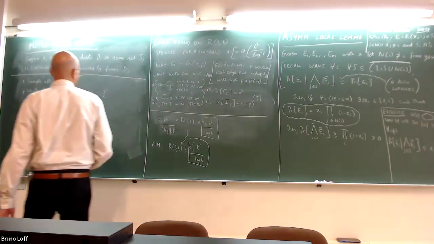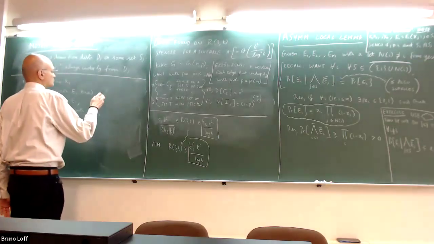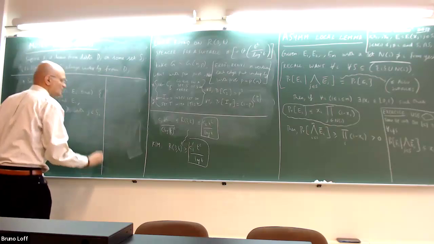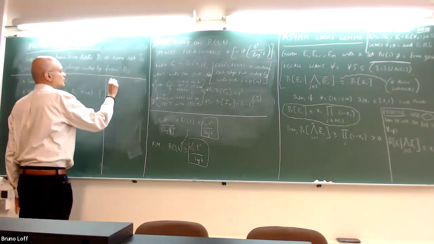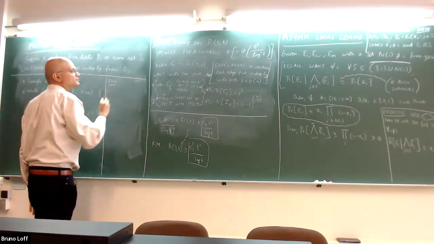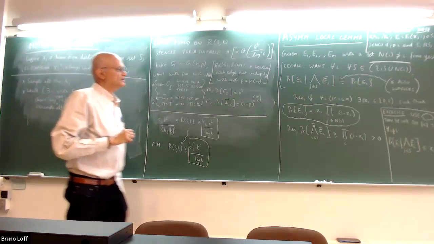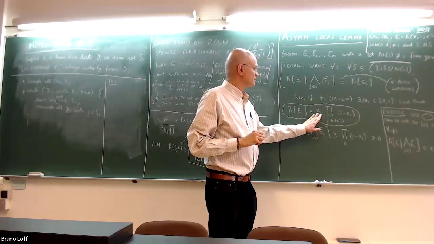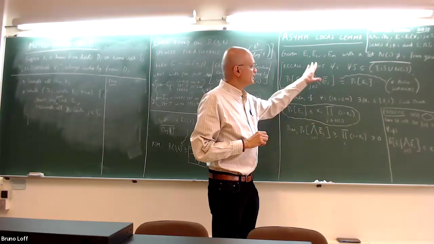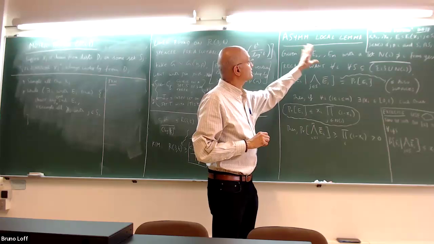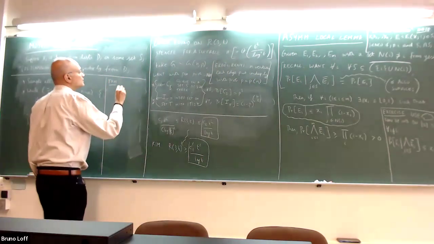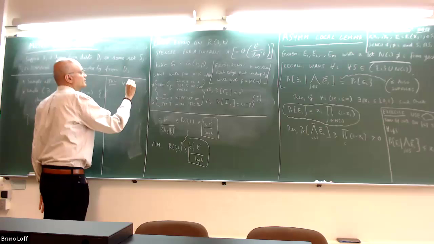In fact, here is the theorem. Let these little xi's be as guaranteed by the local lemma statement. The algorithm doesn't need them, but let them be given to you.